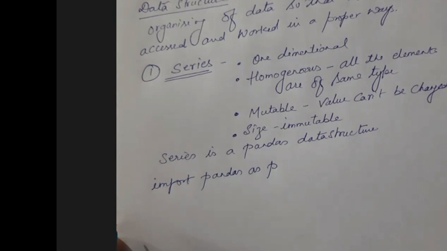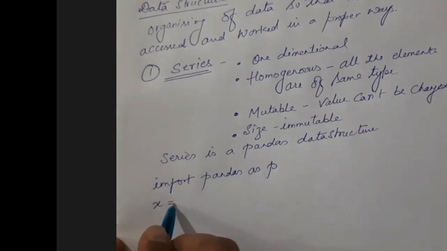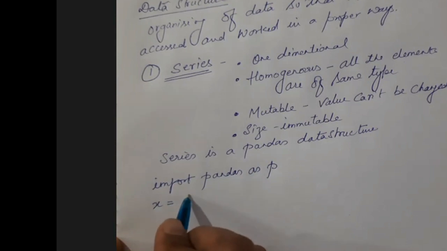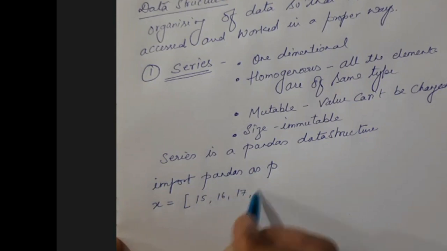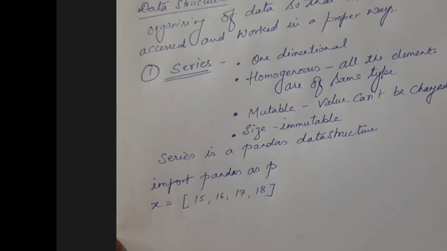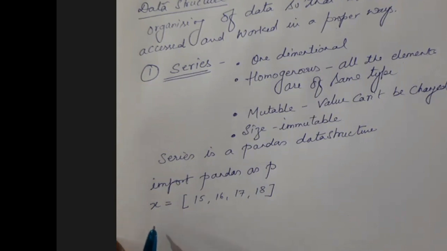Now we'll take a variable, say x, and take some elements, say 15, 16, 17, 18. Just an example. So this is a list. Now the list will be converted into a series.